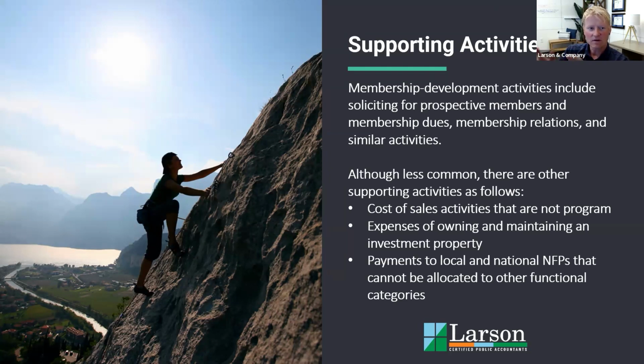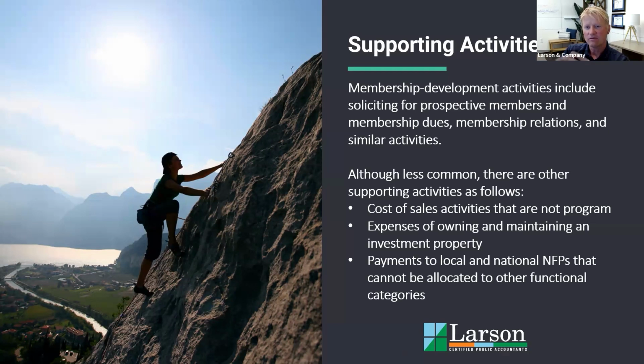And then some other supporting activities include costs of sales activities that are not program, and expenses of owning and maintaining an investment property. Those are going to be non-program related. And then payments to local and national nonprofits that cannot be allocated to other functional categories.